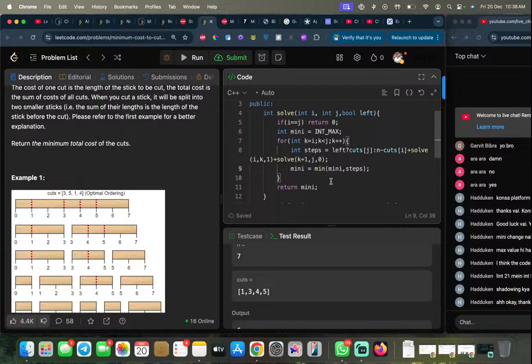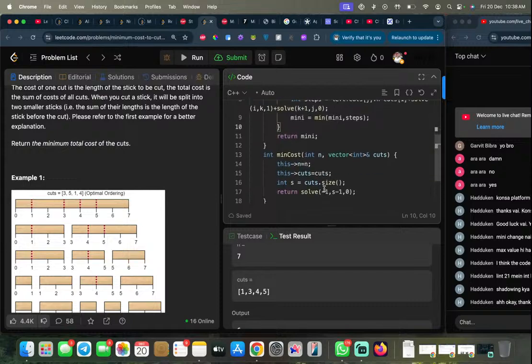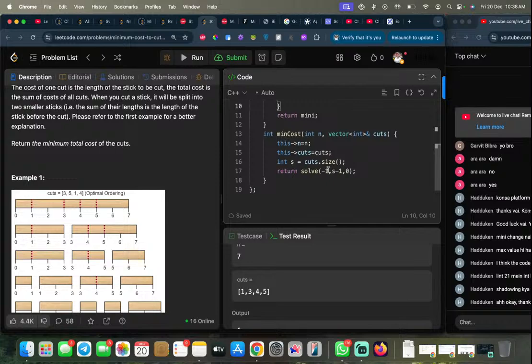Or instead of this, let us take i to be 0 and this will be n. Let's take this 0 and n.